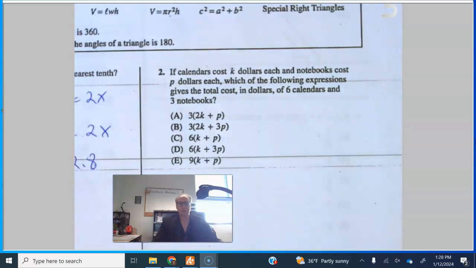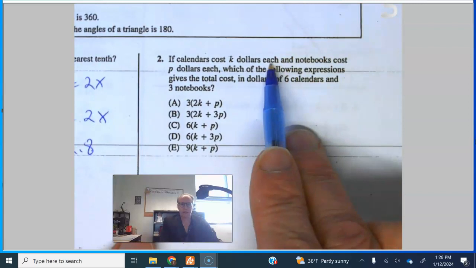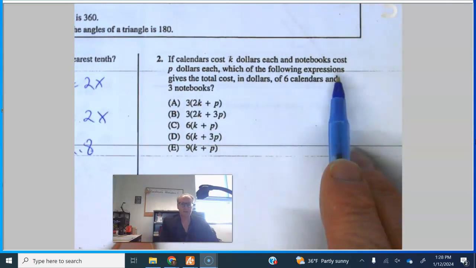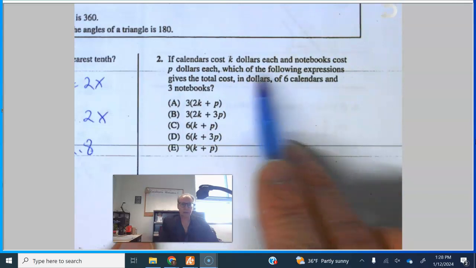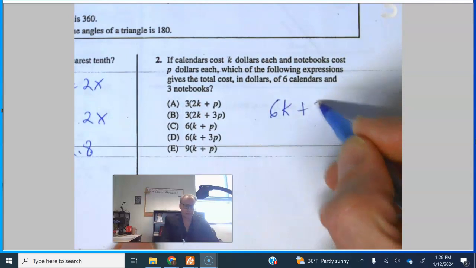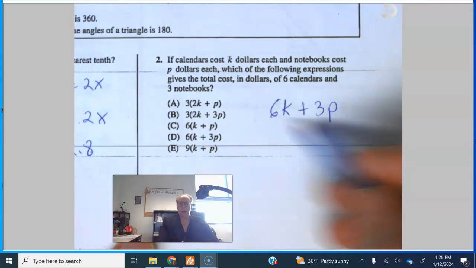chose. Number 2, calendars cost K dollars each, and notebooks cost P dollars each. How much does it cost to buy 6 calendars at K dollars each and 3 notebooks at P dollars each? Well, this is the cost.